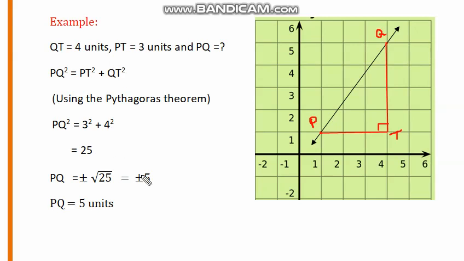For that purpose, whenever we transpose the square to the right hand side, we take plus or minus. But here we are going to find out the length, the distance. So neglect the negative value. The measurement should be positive. So the length of PQ is 5 units.